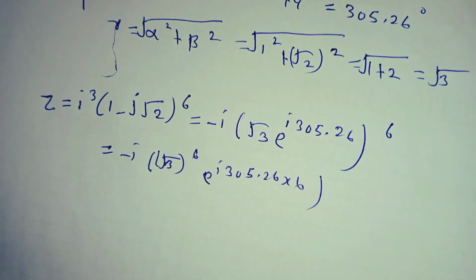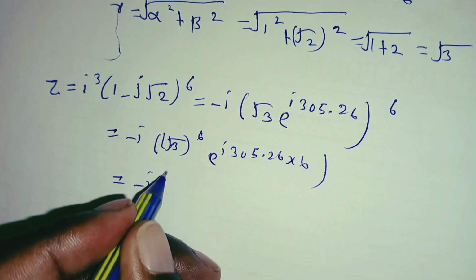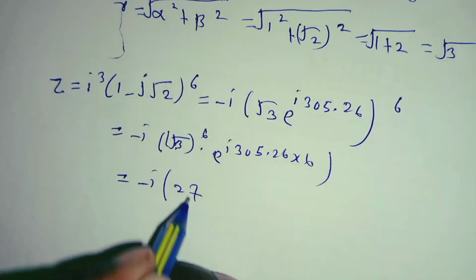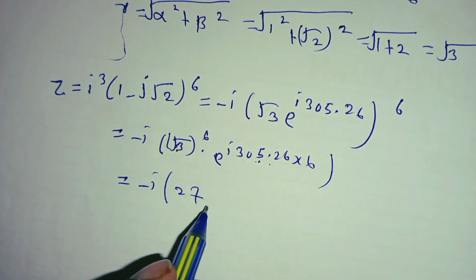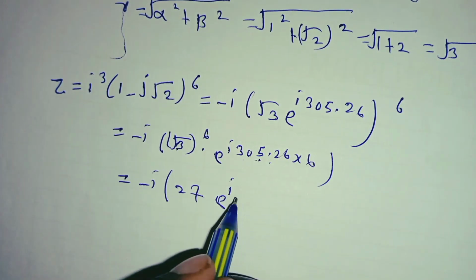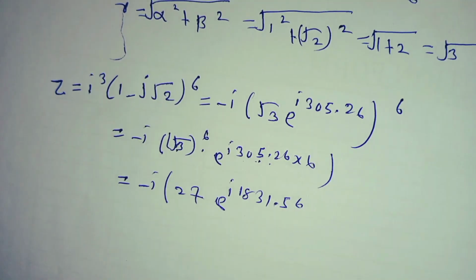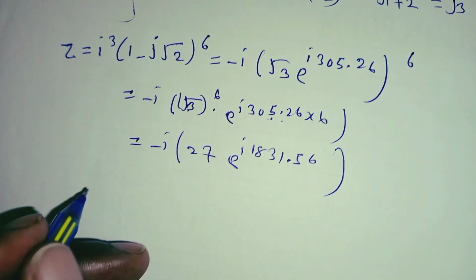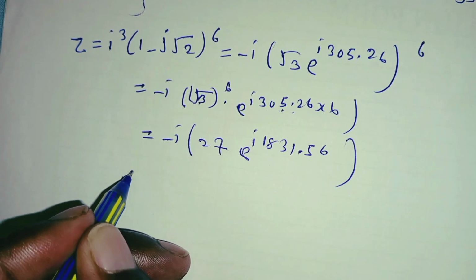Everything we close the bracket, which is equal to negative i into bracket root 3 power 6 will give you 27. When you multiply 305.26 by 6 it will give us 1831.56 after multiplying.